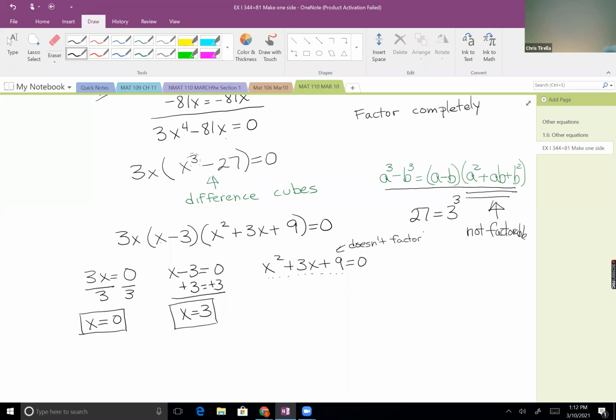Do you guys want to complete the square, or do you guys want to use that quadratic formula? Does anybody have a preference?